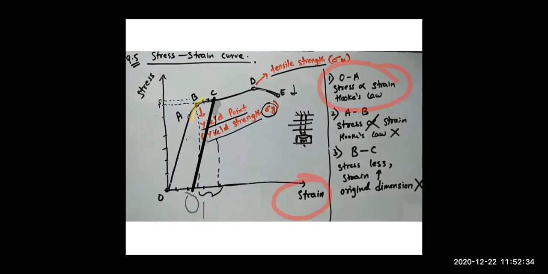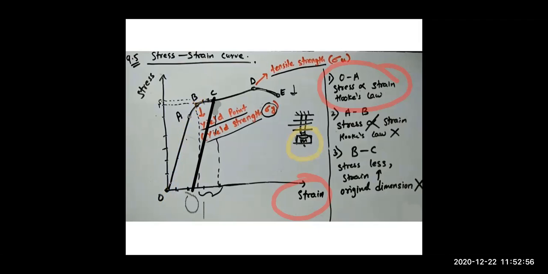But if we remove the stress, means if we remove this load, children, then the wire will retrace its path from B to A to O, and it will regain its original shape and size.